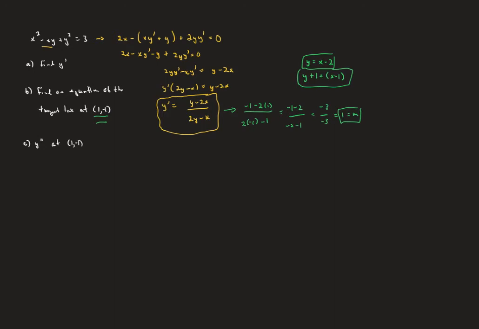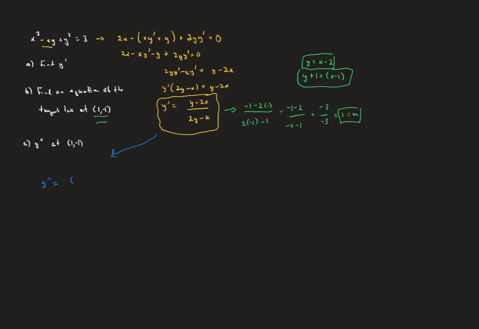Now, we're going to find the second derivative and then evaluate that at the point 1, negative 1. So we're going to take our first derivative now, and we're going to differentiate that. So I'll do the left side. There's y double prime. Now on the right side, we're going to have to do a quotient rule.